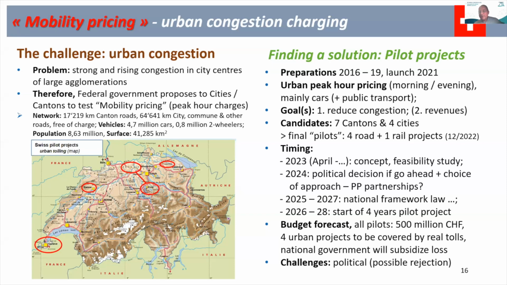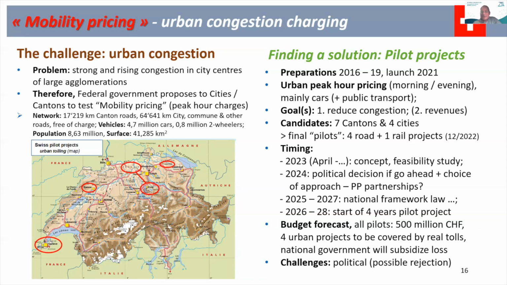The projects are currently in the feasibility study phase. In November, the feasibility studies are being finalized. Next year, 2025, it will be discussed. The decision makers have to decide, are they going for the projects? Because for urban congestion charging, it's much more difficult to launch projects, because public resistance is higher. It's simply because you have peak hour charges, which are contentious. There are, for example, even socialists, who are usually in favor of tolling, who say it's maybe too expensive.